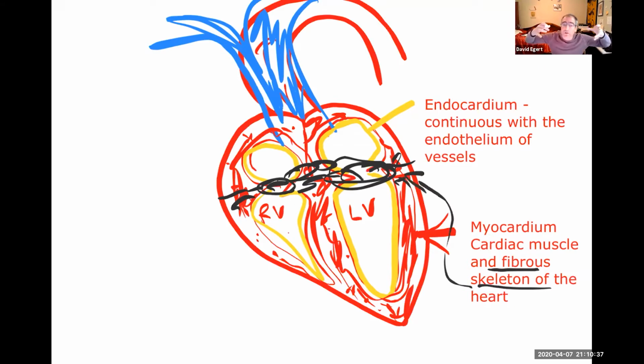So it holds on to the AV valves and the semilunar valves, which are all right in that plane in the middle of the heart. This fibrous skeleton of the heart also electrically isolates the atria from the ventricles, and that is going to become important in a few moments.